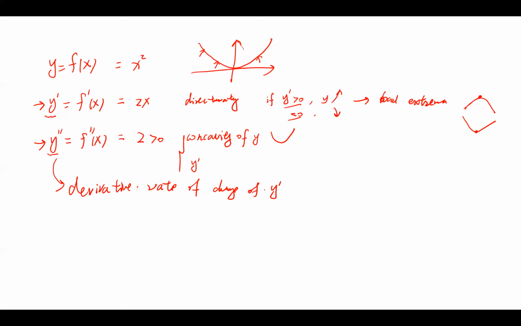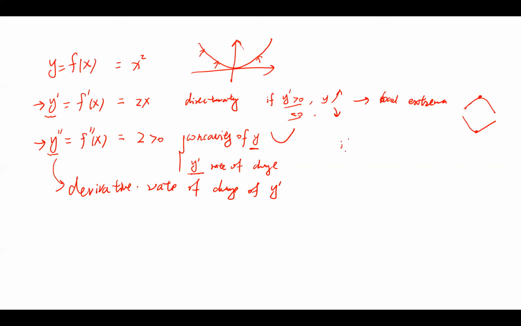Because the second derivative is just another derivative of the first derivative. So this studies y prime, the first derivative, in terms of the rate of change. So that's another level of study. So it actually talks about y, and it also talks about y prime, right? So what does that mean?